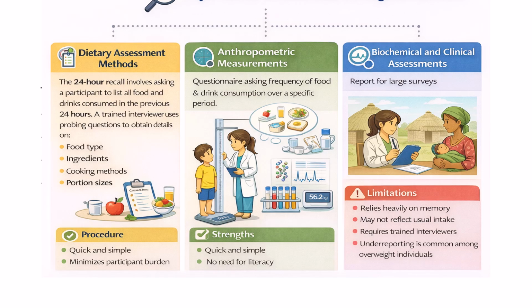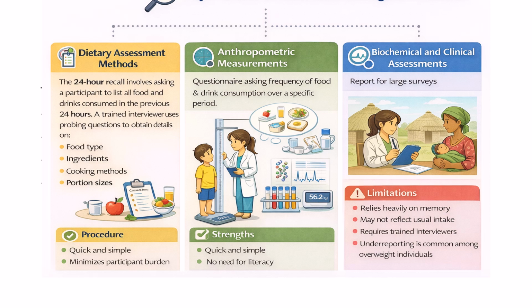Our outline will focus on major classes of nutritional investigation methods. Investigation methods in human nutrition are the systematic procedures used to collect information on dietary intake, nutritional status, biochemical profiles, and also clinical signs related to health and disease.